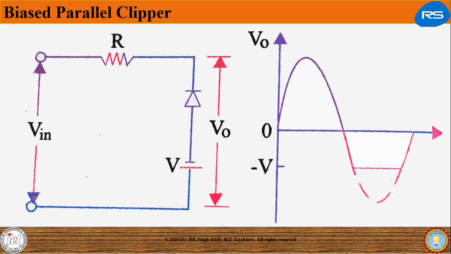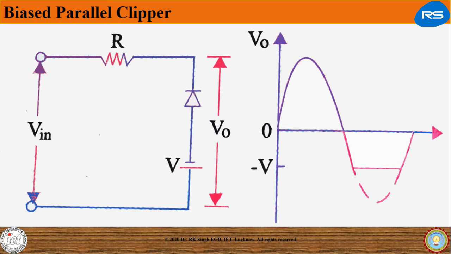As soon as Vin becomes more negative than this DC bias voltage, the diode conducts and we get output equal to DC bias voltage, which is shown here.